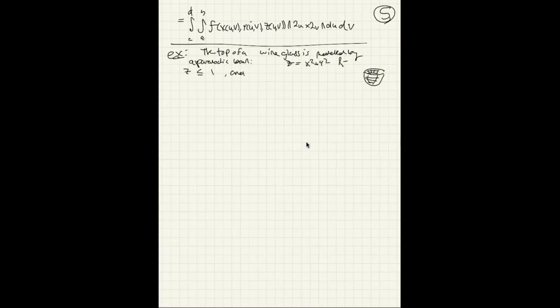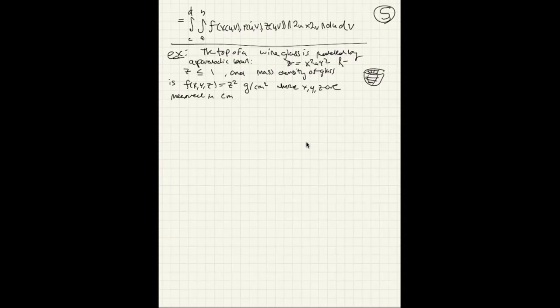And the mass density of the glass is f of x, y, z is z squared grams per centimeter squared, where x, y, z are measured in centimeters, I guess. It's a very tiny glass because it's only 1 centimeter tall. That's fine. Maybe it's for a mouse or something.